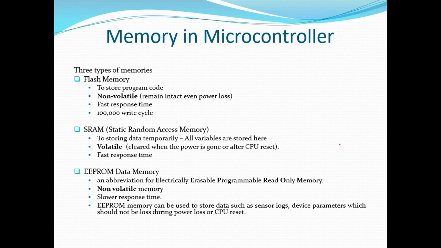Not permanently, actually, you still can delete it, but the difference, like I said before, is between RAM and ROM. Which one can store data even though you turn off your computer or microcontroller? ROM, read-only memory, can retain the data even when you turn off the computer.